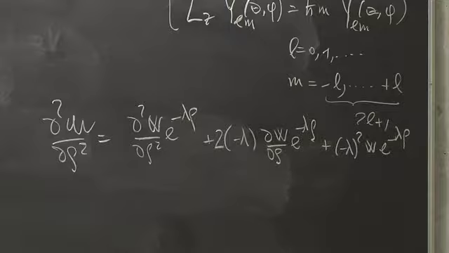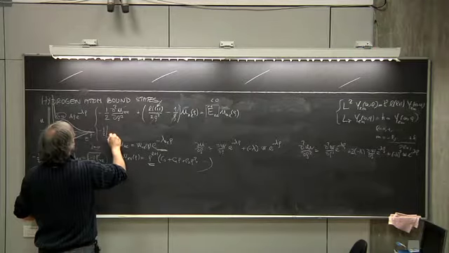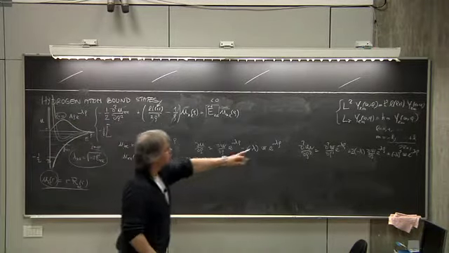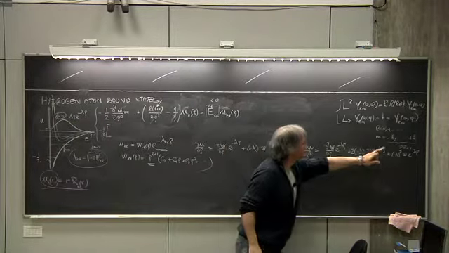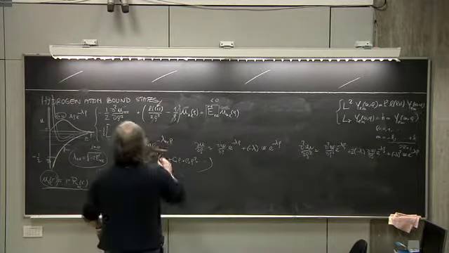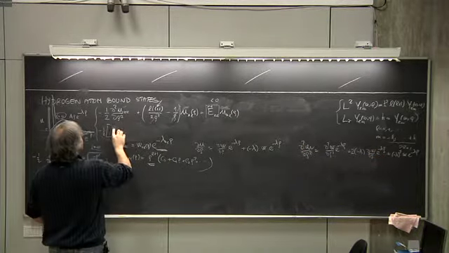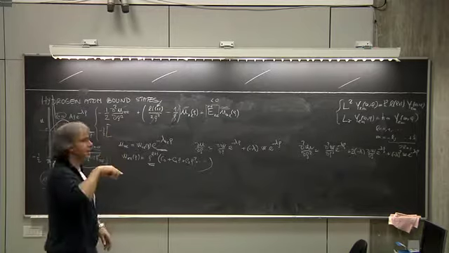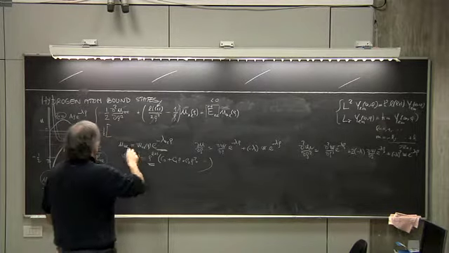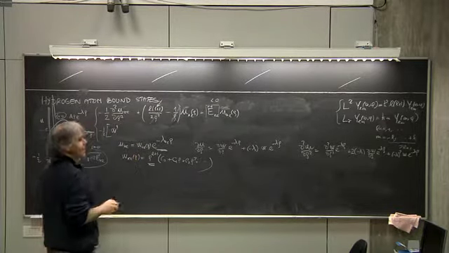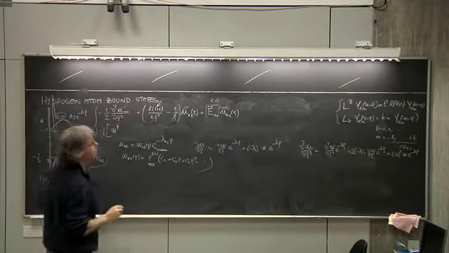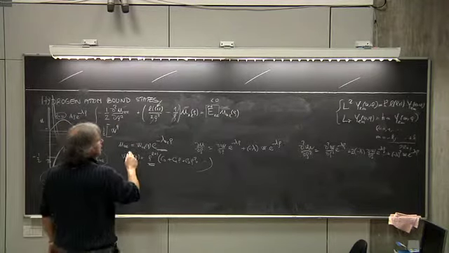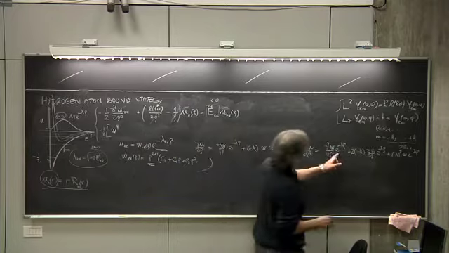Okay. So let us plug this expression into here. I have minus 1/2, several terms. 1, 2, 3 terms. Okay? So I have the second derivative. Let me write the derivatives like that. Okay? So this is the second derivative times, well, you see, e to the minus lambda rho is everywhere.